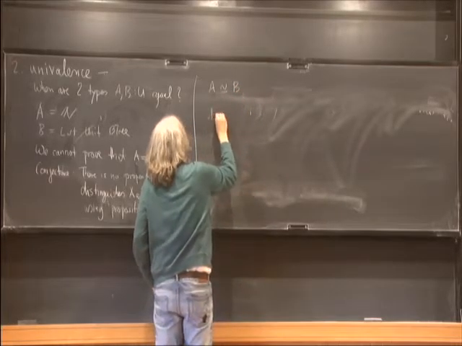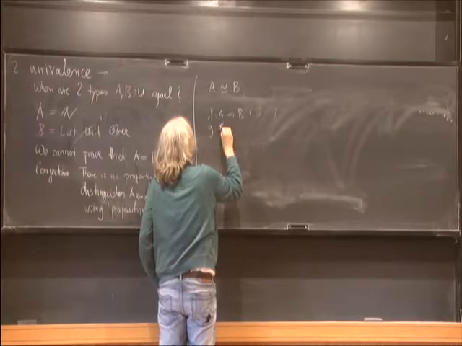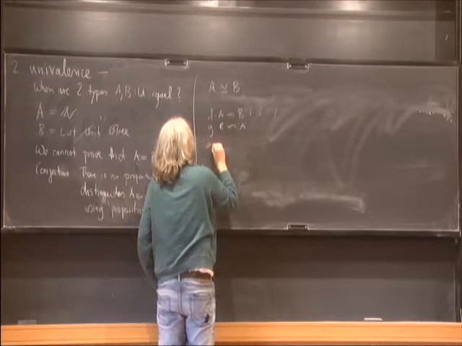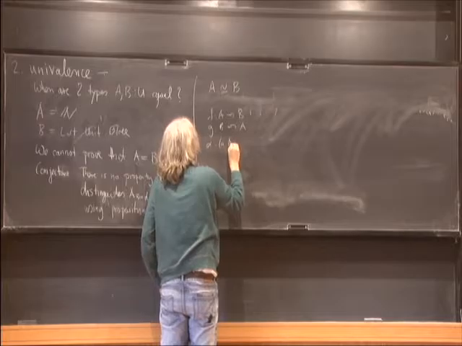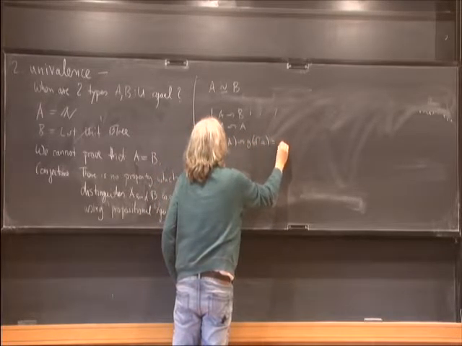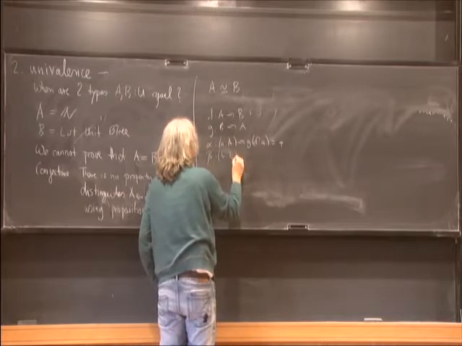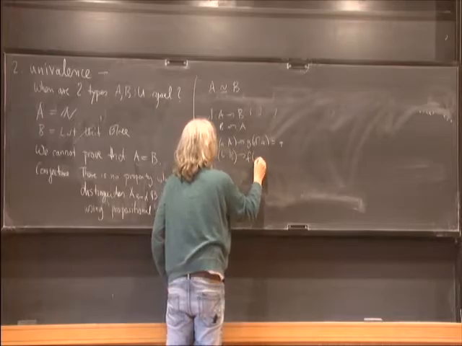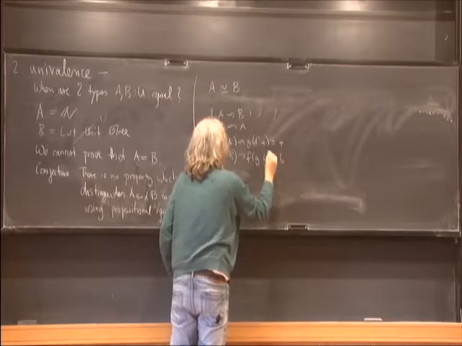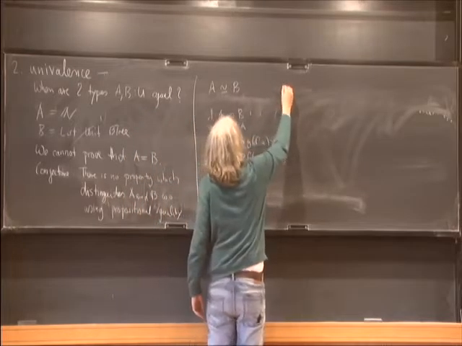So there are two functions. This is the usual definition, and then there are two proofs. And I guess maybe I should turn one around, but I don't. So that's what I mean by isomorphism, and here is equality.